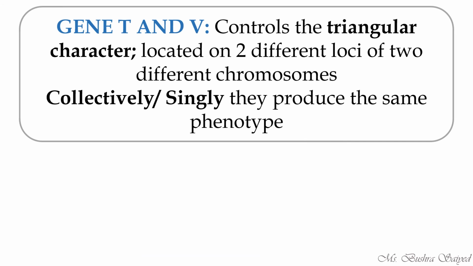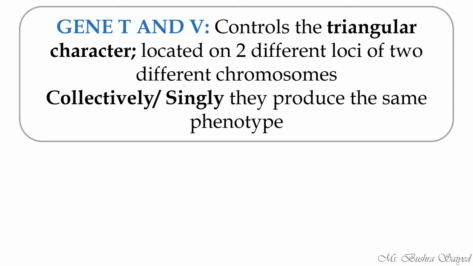Before that we need to specify the genes. So suppose dominant T and dominant V control the triangular character. Look, and they both are located on different chromosomes, on different loci of two different chromosomes. Since they are duplicate genes, they are located on different locations of different chromosomes. They are not linked with each other in any manner.